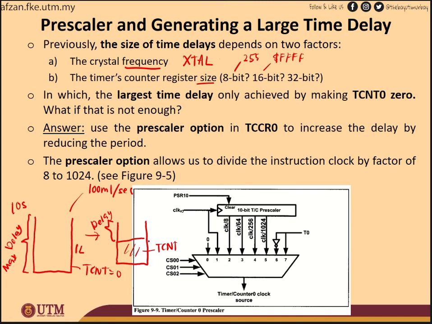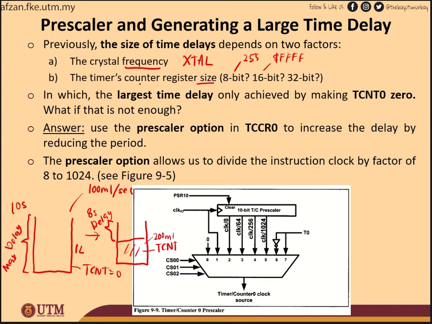Compared to this one, let's say you put your TCNT at 200 ml. You already put 200 ml, so what is the delay that you can generate? Only 8 seconds, because you have another 800 ml to fill with water.